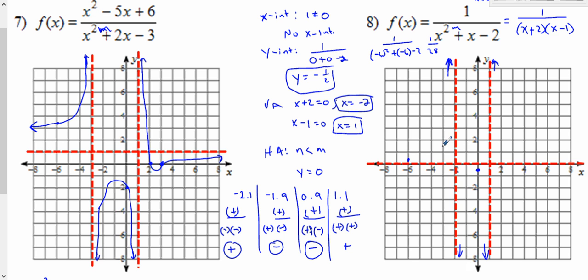Okay? If I plug in positive 6, I will get 1 over 6 squared plus 6 minus 2. That's 36. Plus 6 is 42. Minus 2 is 40. That is 1 over 40.